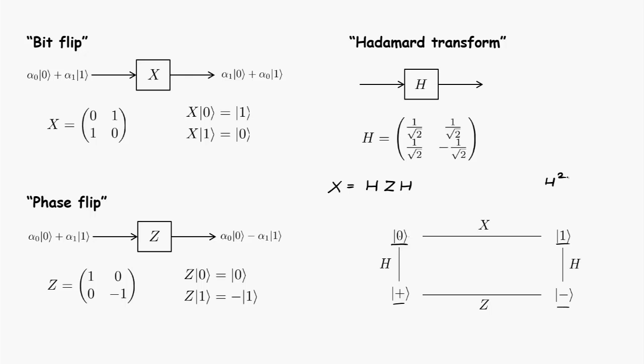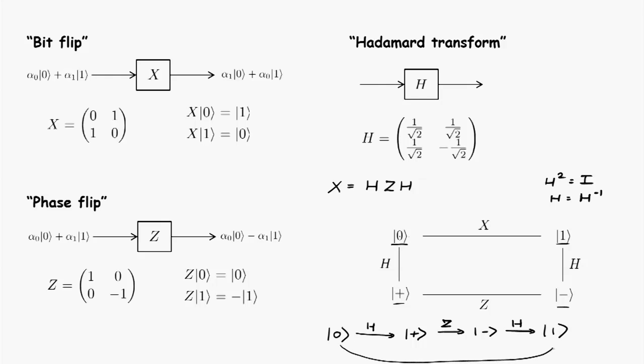Because H squared is the identity, H equals H inverse. So what we're saying is, if we start from the bit 0, we apply the Hadamard, we get plus. We apply Z, we get minus. We apply the Hadamard, we get 1. And this is exactly like we applied X.